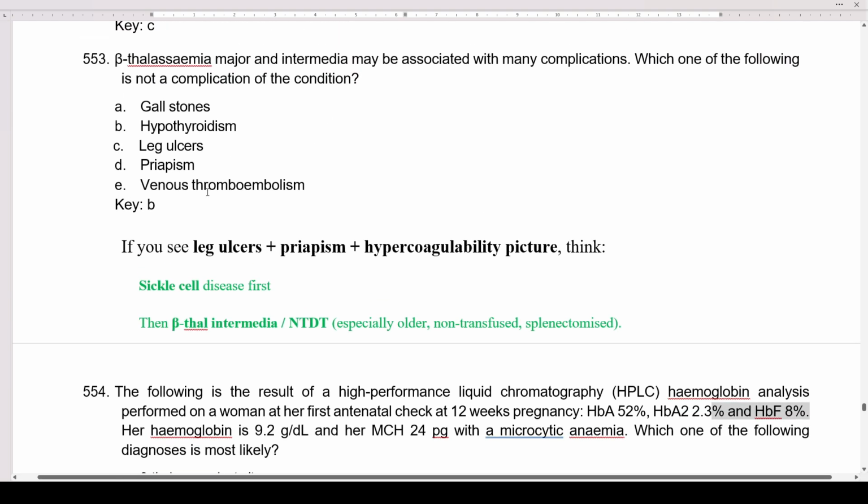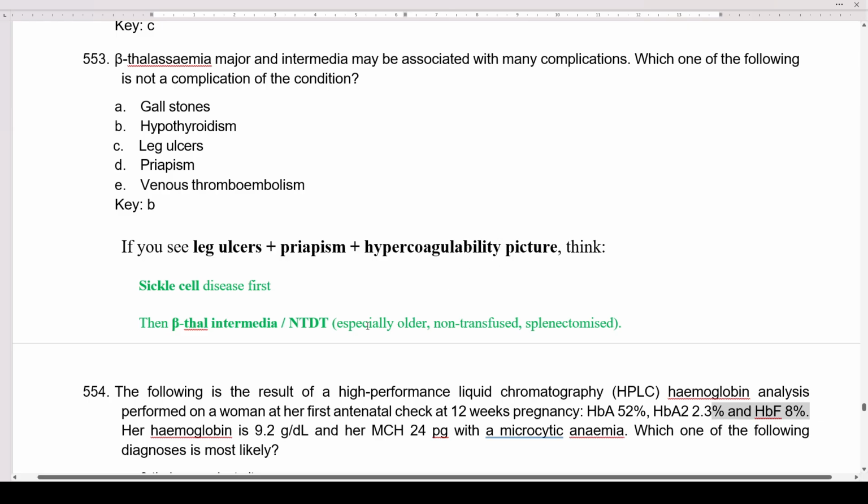But just let me explain something. If you see leg ulcers, priapism, and hypercoagulability in a clinical scenario, think of sickle cell disease first, because of the hypercoagulable state and the microthrombi. So these patients are prone to these symptoms, like leg ulcer, priapism, and a hypercoagulability picture.